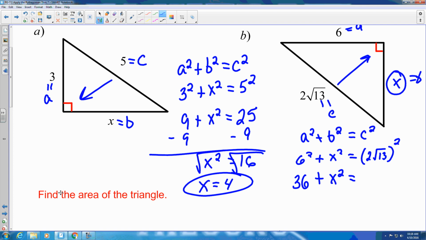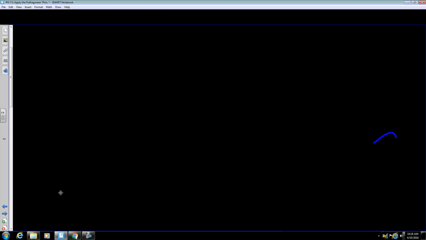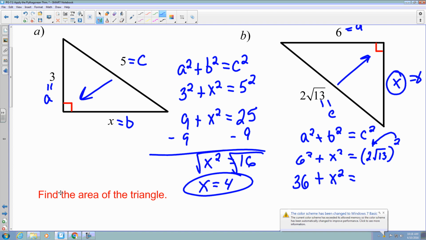From things we looked at in previous sections of mathematics, whether it being practical algebra or intermediate algebra, the power to power rule states that this square is going to be squared by both the 2 and also the square root of 13. Okay, so 2 squared is going to give me 4, and it's going to be multiplied by the square root of 13 squared.